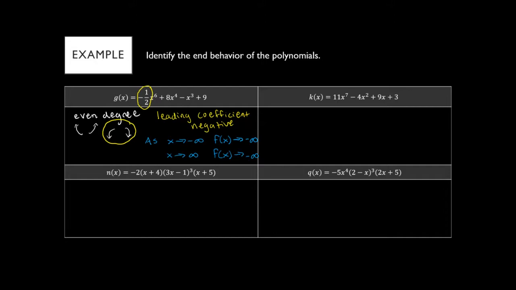So let's move to the right for k of x, because those bottom ones are a little trickier, so we don't want to do those just yet. So k of x equals 11x to the 7th minus 4x squared plus 9x plus 3. So that highest exponent is 7, and so that makes this an odd degree because 7 is an odd number.